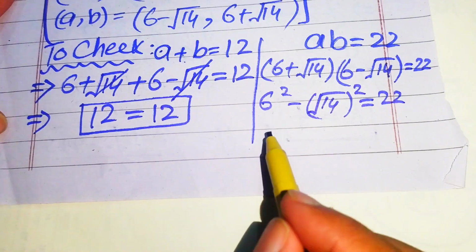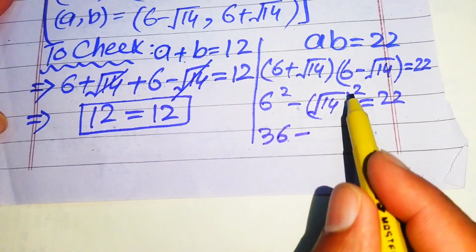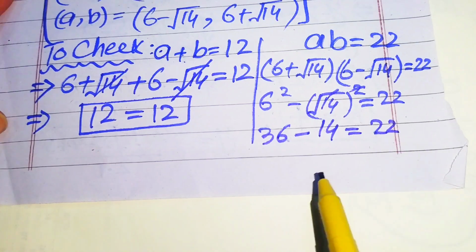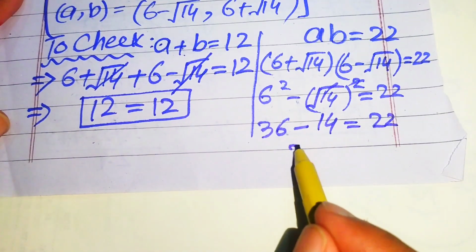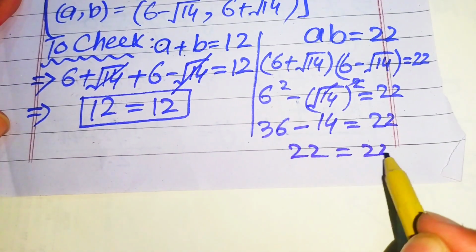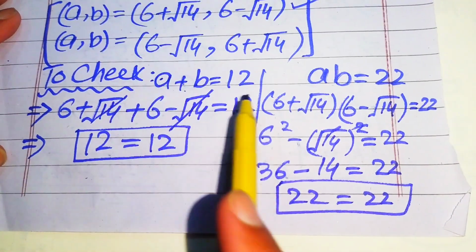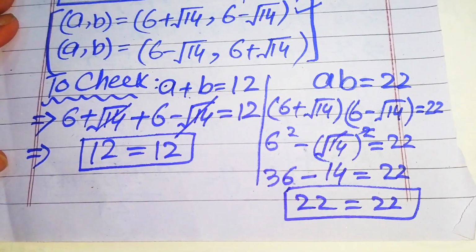And here you see that 6 squared is 36, and the square and square root cancel, and we get 14. So 36 minus 14 is 22 equals 22. So this also shows that the first solution satisfies the second equation.